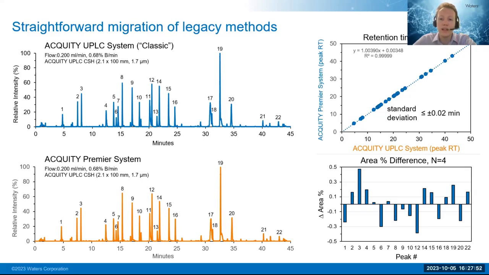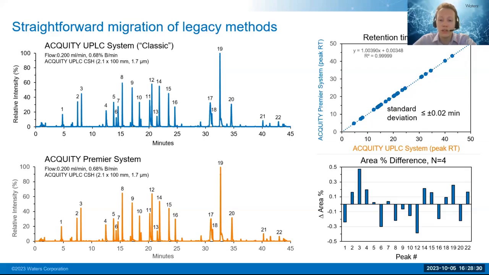This can be seen in this slide for a peptide map of the NISTmAb digest reference standard run on both systems using the Acquity UPLC CSH column. So looking at the top right of this slide, an orthogonal plot of retention time for the 22 selected peaks is shown, and it exhibited a linear response with a slope approximately 1 and a y-intercept close to 0, indicating that selectivity and absolute retention times were maintained across systems.